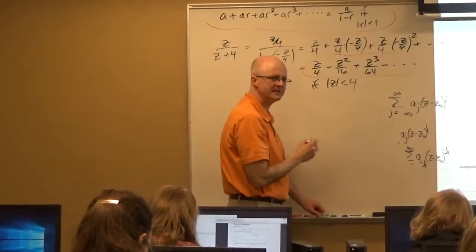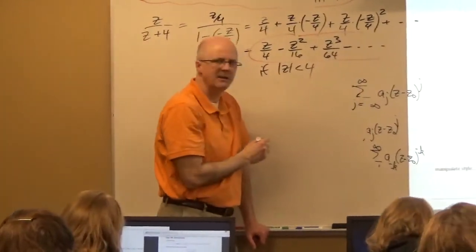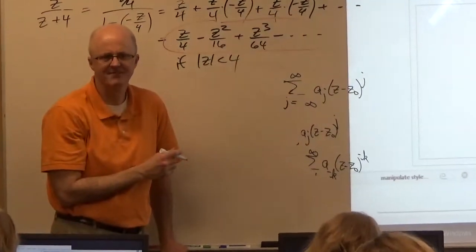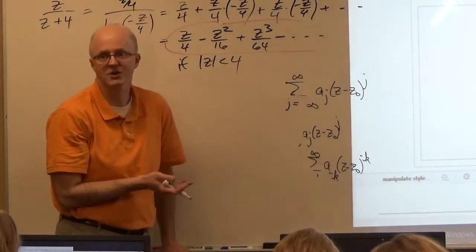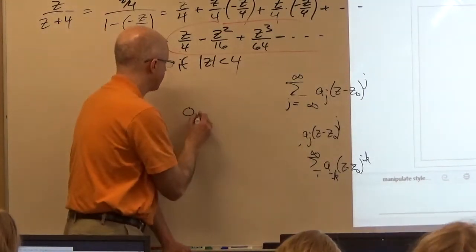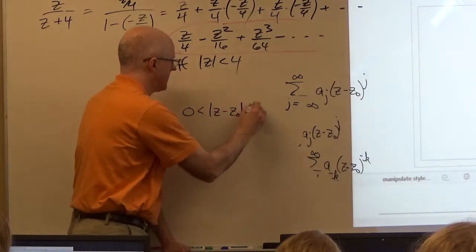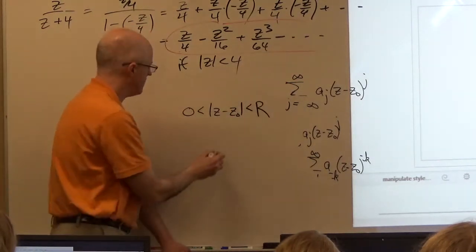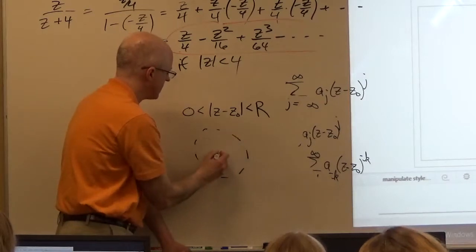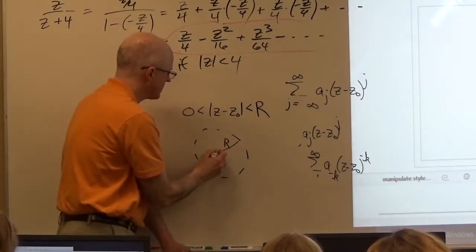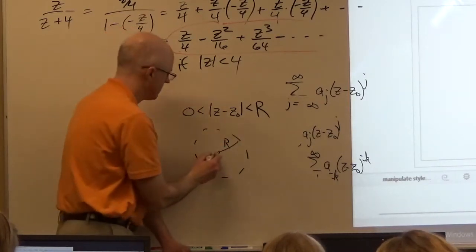In a Laurent series expansion, the general form of it, if you're expanding about z0 like this, and if you get convergence on what you might call a degenerate annulus, a better name would be a punctured disk. If you get convergence on a set like this, that would be an open disk of radius r, take out z0.